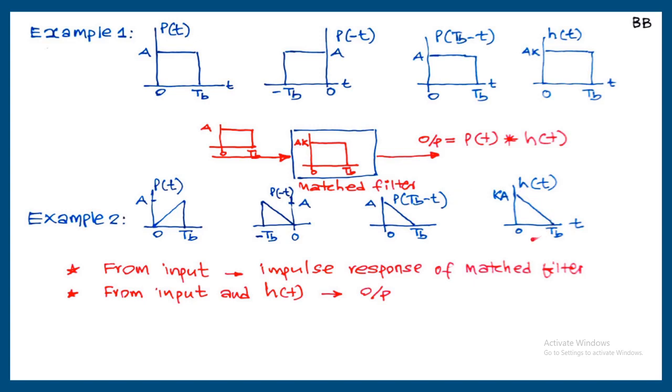So this is the impulse response of the filter. So impulse response and input are not same, but there is a matching. And from this input and impulse response, again like this procedure, output can be determined. From input, impulse response of the matched filter can be determined. From input and impulse response, output also can be determined.